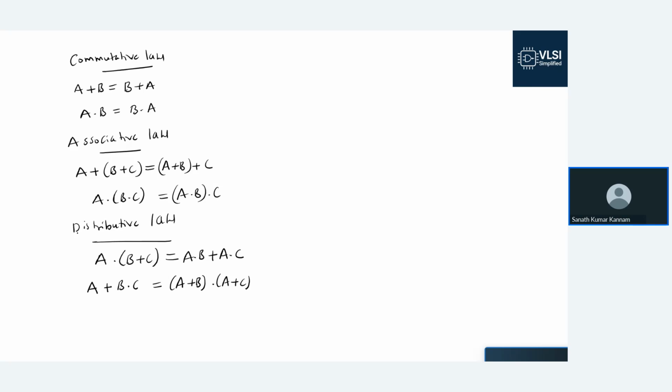So from the distributive law, so this is one important law, distributive law, you'll get one more law, you can call as absorption law. Absorption law. So absorption law is A or A bar B. Okay, A or A bar B equal to.